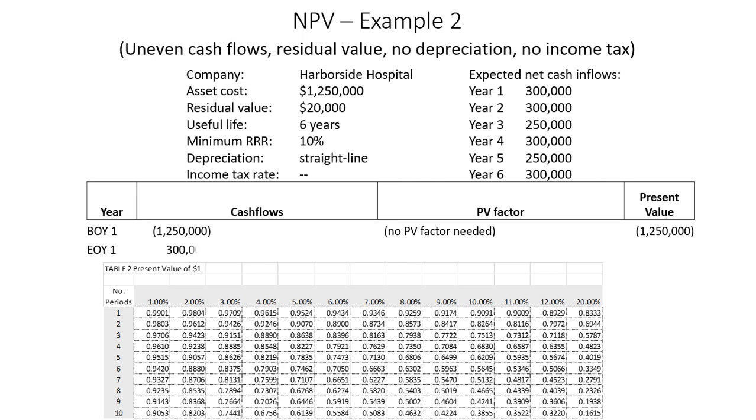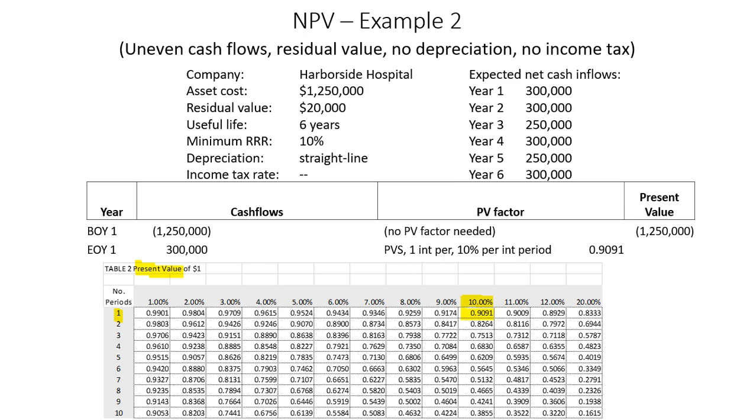The first cash inflow will occur at the end of year 1. Because the cash is coming in, we'll enter the amount as a positive number. Since we don't have an annuity for the 6 years, we'll use the present value table for single deposits. The $300,000 will come in at the end of 1 interest period, and the interest rate per interest period is 10%. The present value factor is 0.9091.